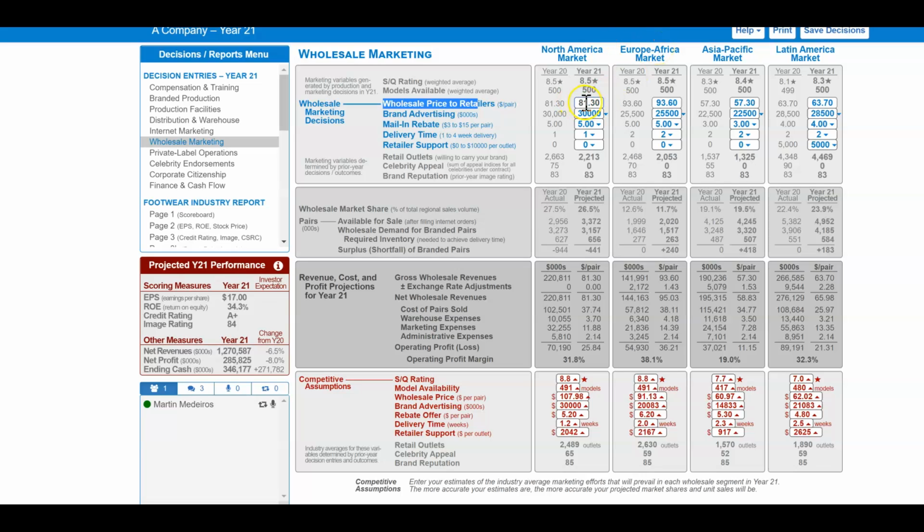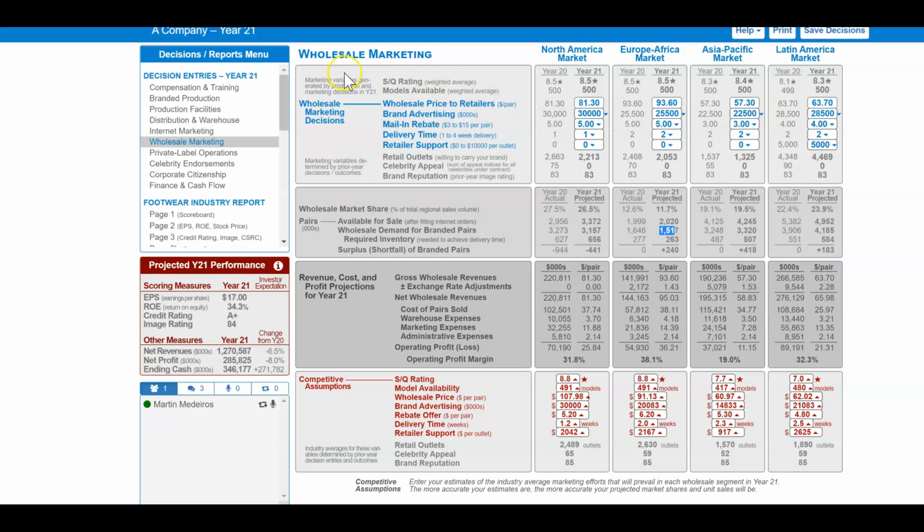In other words, if I increase price by 10% in North America and I increase price by 10% in Europe, you're not going to see the same reaction in a change in demand due to that same price change. The reason why you will not see the same change is because I set the sensitivities to differ between regions. So North Americans will react differently to a change in advertising as what Asians would.